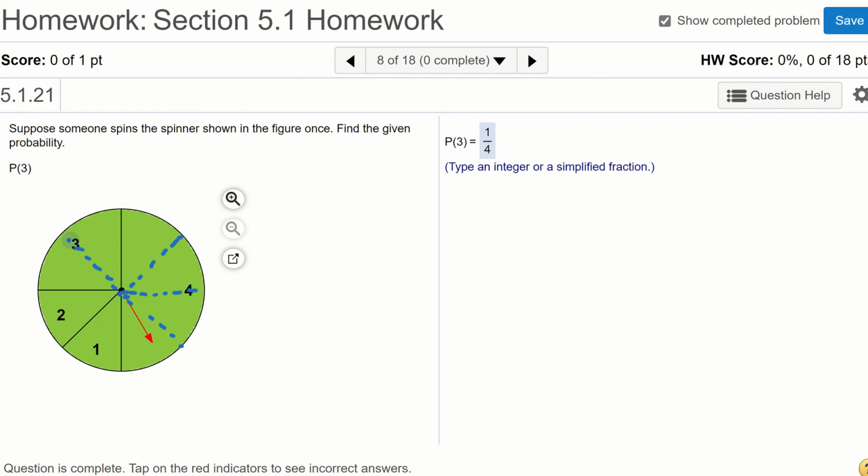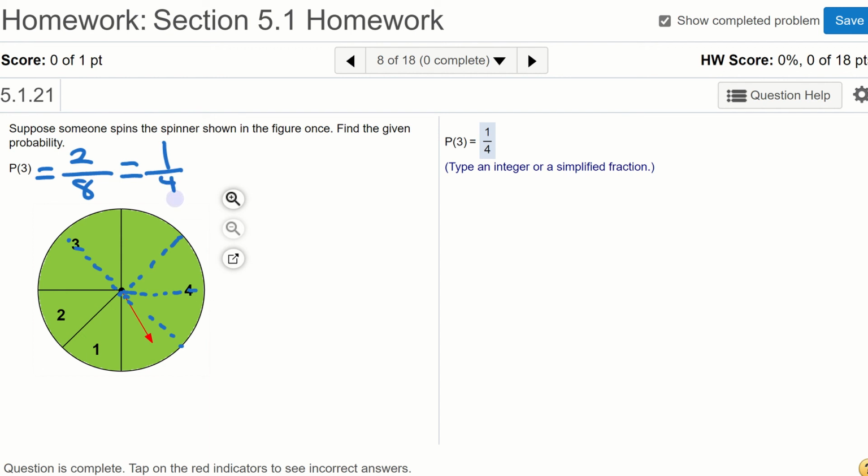All right, so notice right now it's broken up into 1, 2, 3, 4 times 2, so 8 equal parts. So of those 8 equal parts, how many does 3 represent? Well, notice 3 represents 2 of those 8 equal parts. So the probability of 3 is going to be 2 out of 8. If you reduce it, you get 1/4.